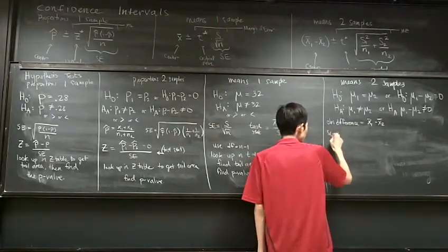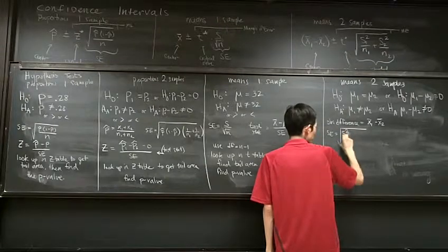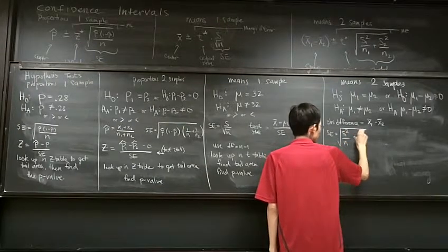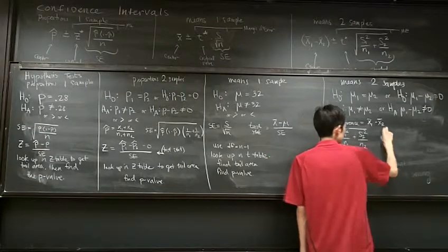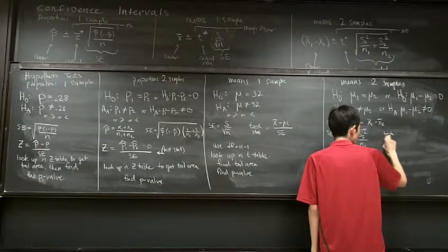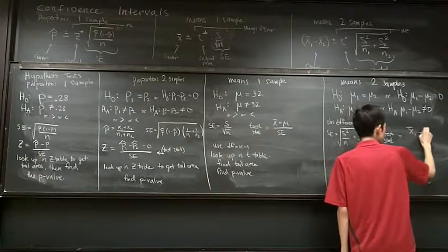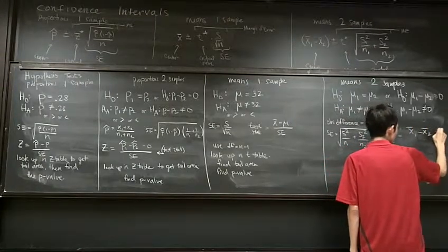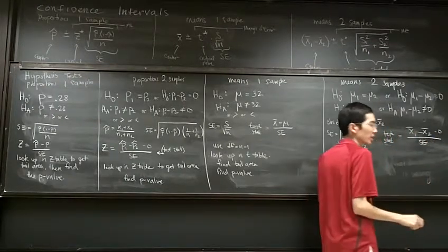Your standard error is computed from both samples. Your test statistic is their difference, x bar 1 minus x bar 2, technically minus 0, divided by the standard error.